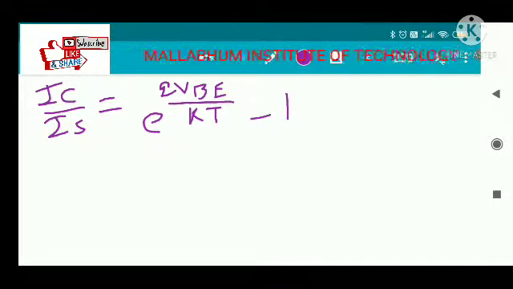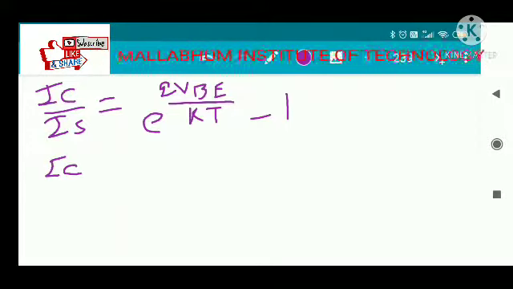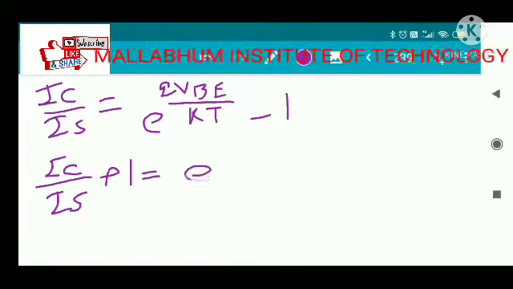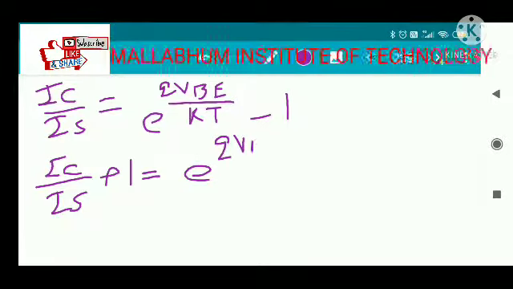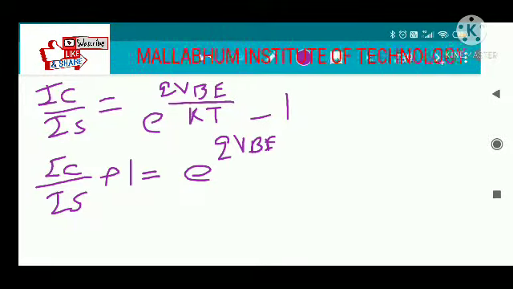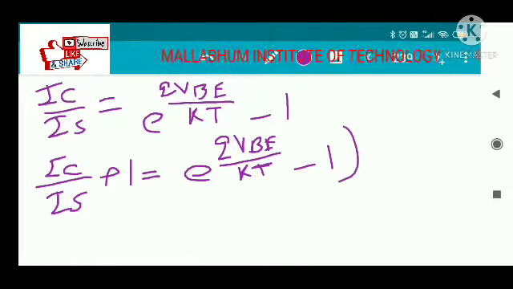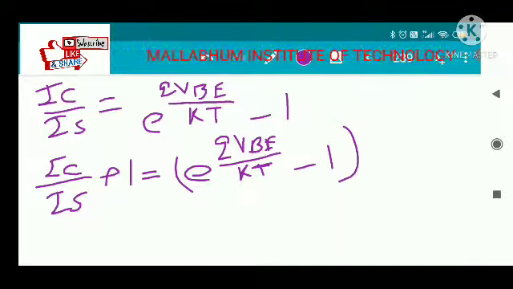Okay, so IC divided by IS plus 1 equals e to the power Q into VB divided by KT. Okay, so this is the equation.